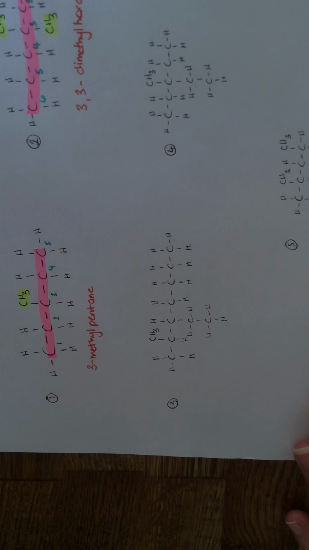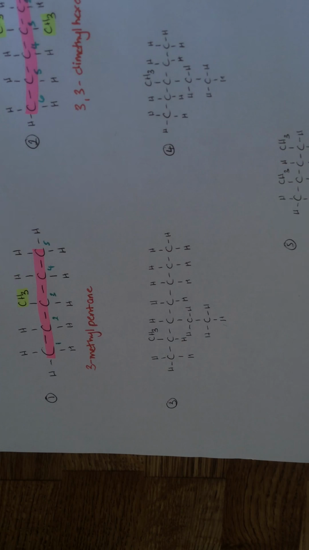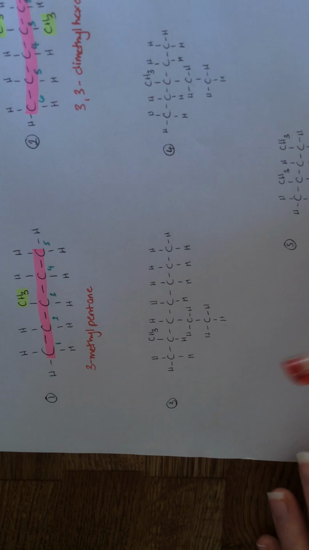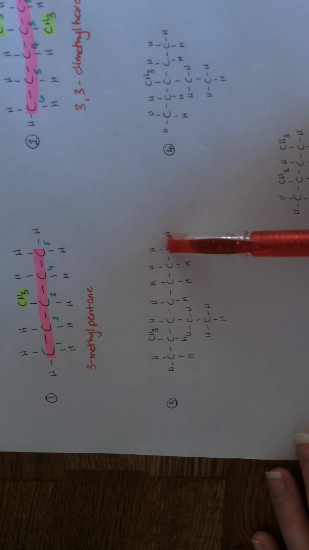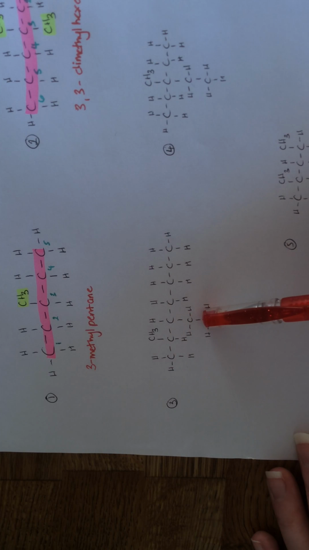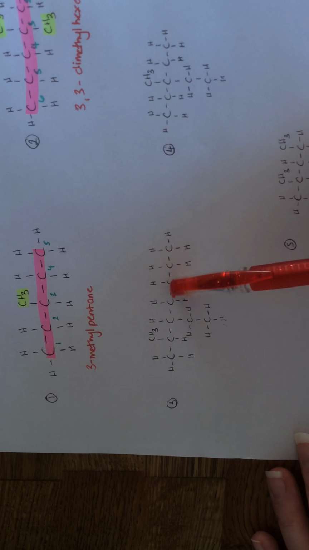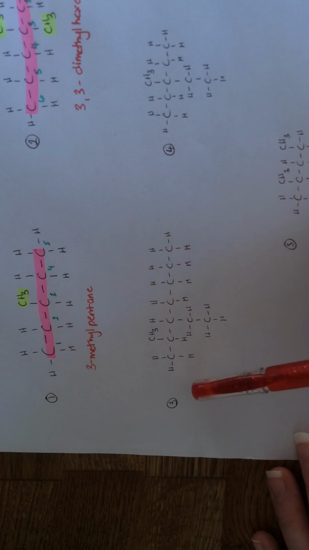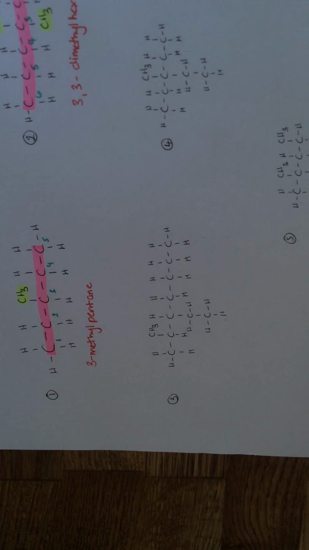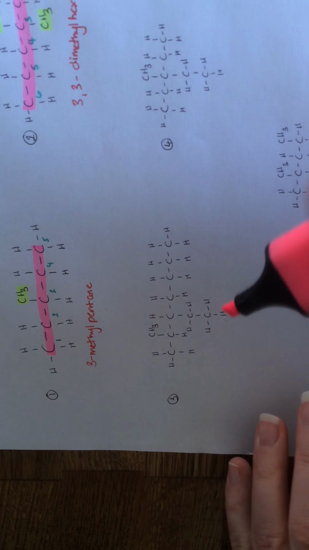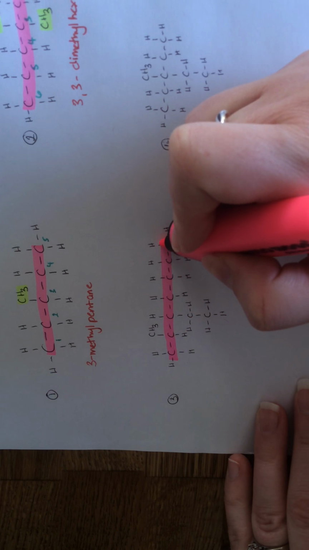Okay, third one then. Again, longest continuous carbon chain. 1, 2, 3, 4, 5, 6, 7. So the longest is 7, and I'm just going to go through the centre.